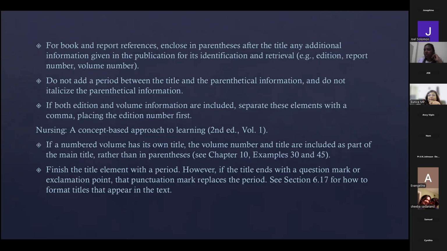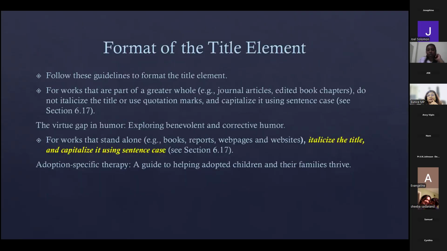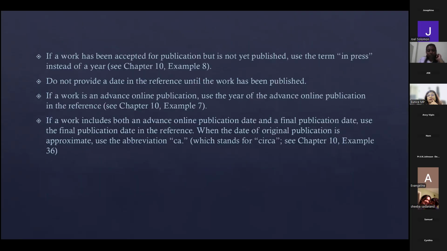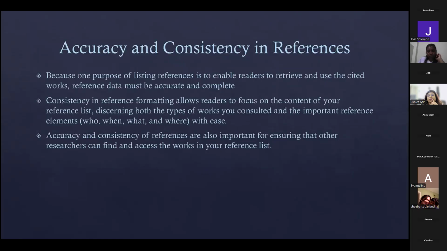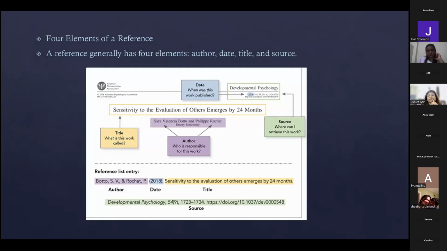Ma'am, coming back to that other question which I had, like 56 bracket, what is that, ma'am? So that's the additional information. This is just the additional information of it. So we're not italicizing these numbers.